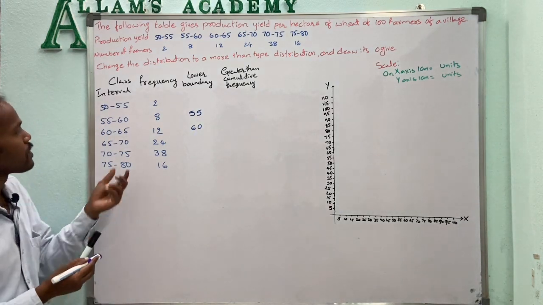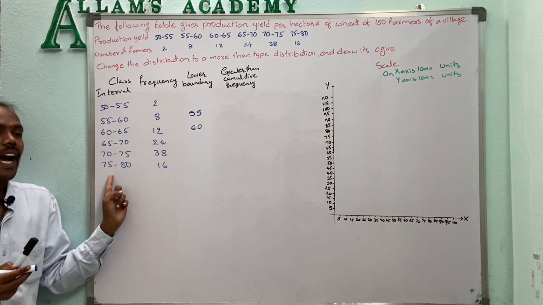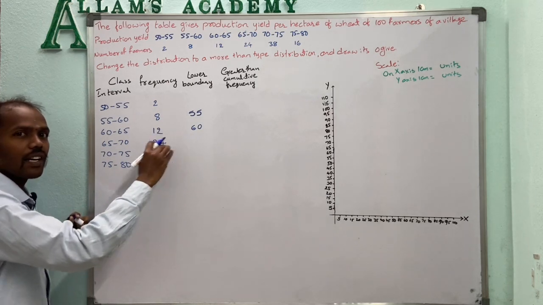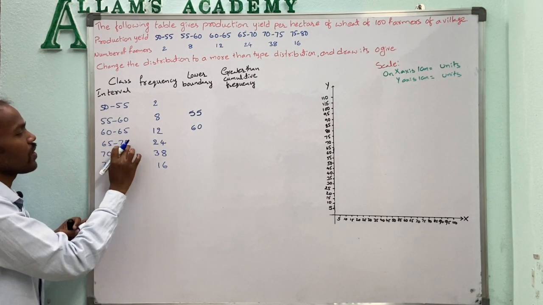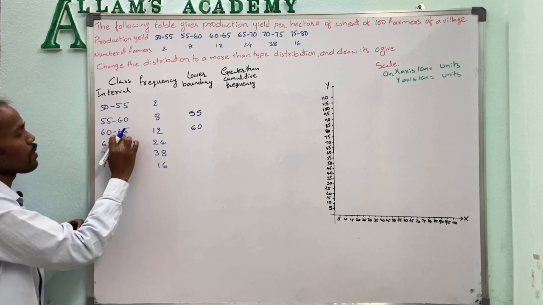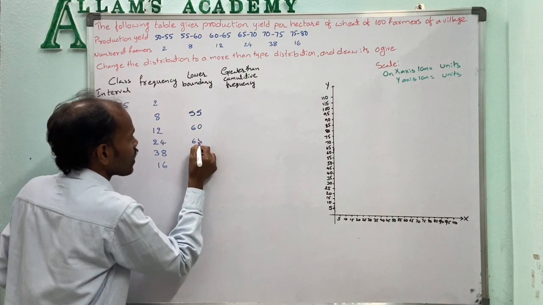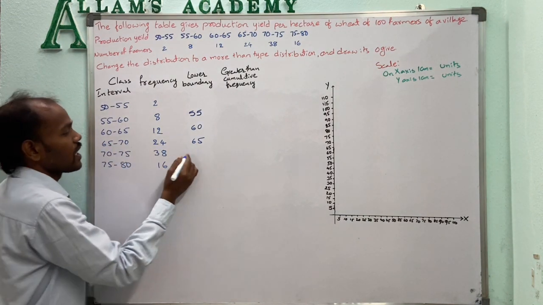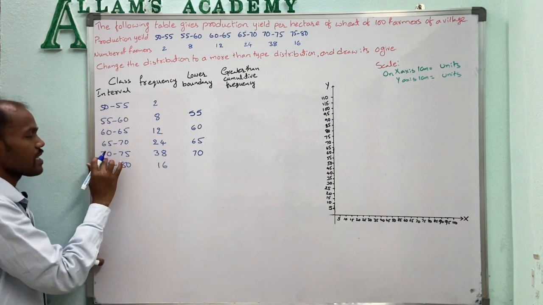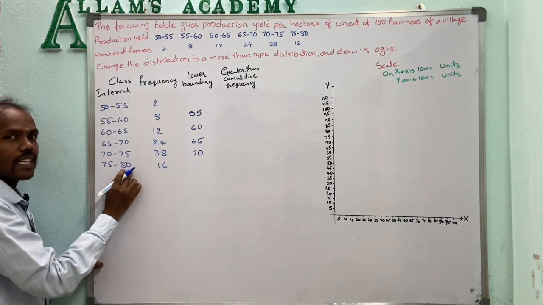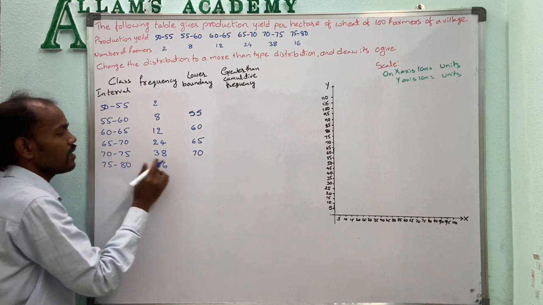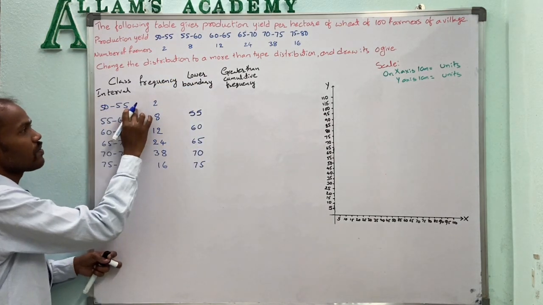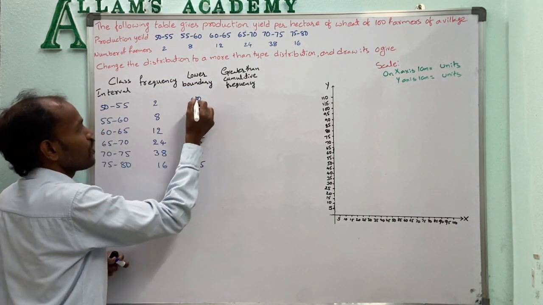Now we observe these classes' height is 5, so their boundaries also differ by 5. For 65 to 70 the lower boundary is 65. For 70 to 75 it is 70. For 75 to 80 it is 75. With the difference of 5, the first one has lower boundary 50.